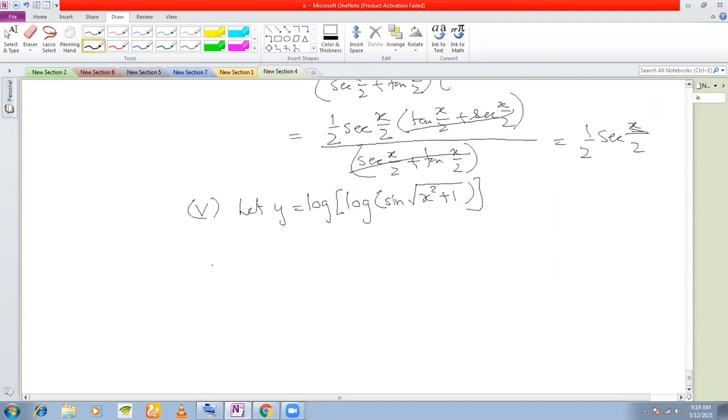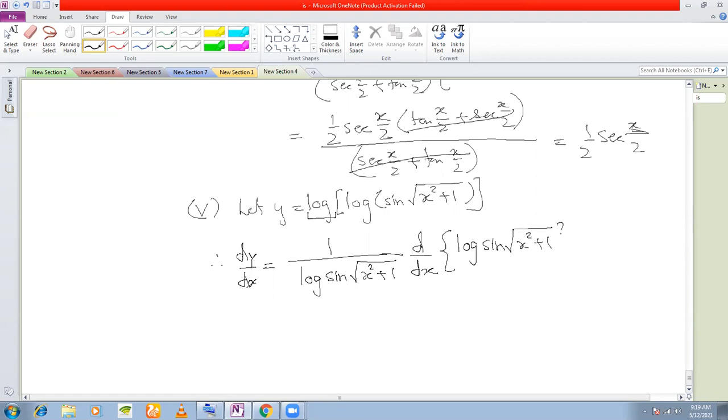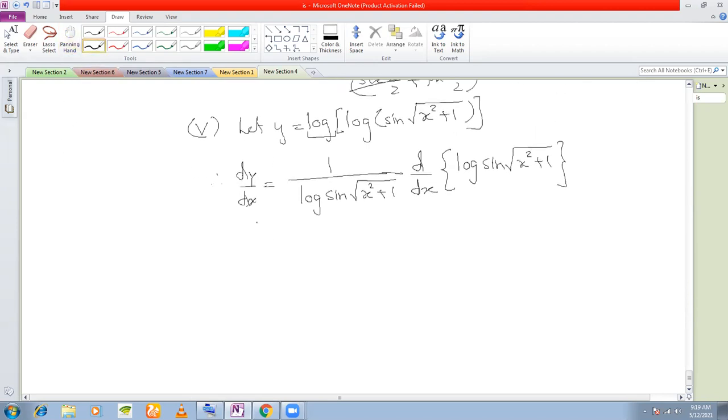Okay, we'll differentiate this by chain rule again. dy/dx is equal to, first you differentiate this log to get 1 by whatever is within the log, sin root x square plus 1, into the d/dx of whatever is within the log. Next, 1 by log sin root x square plus 1 into d/dx of log of this.